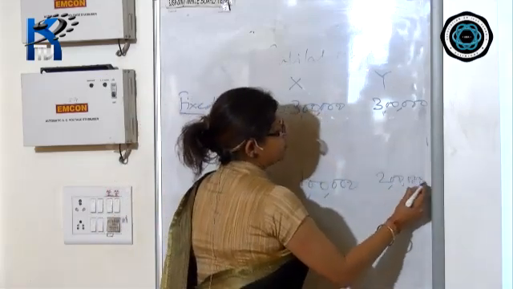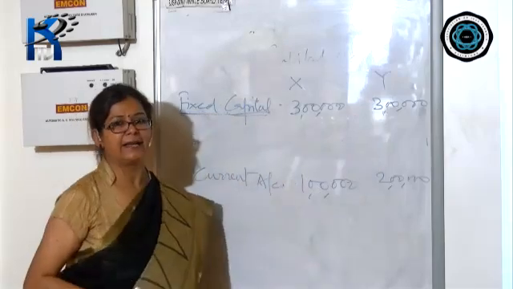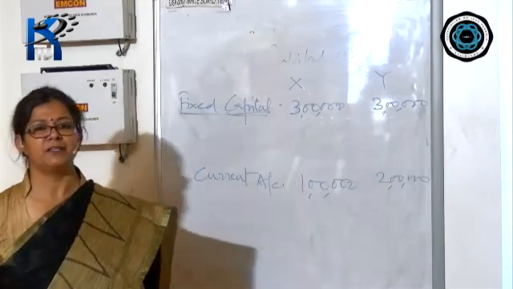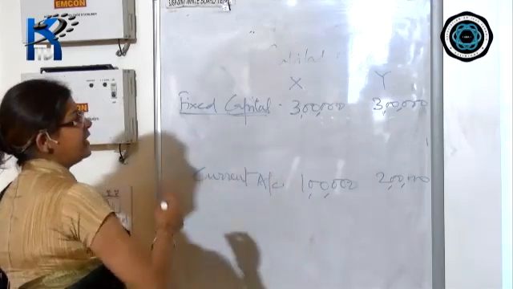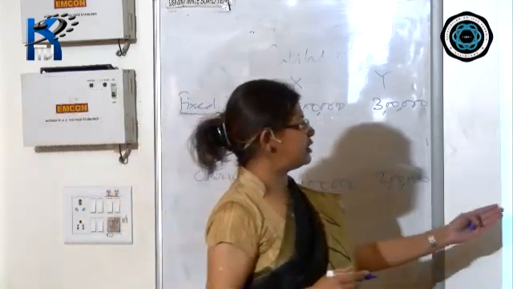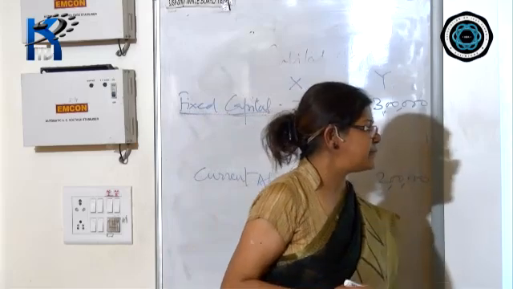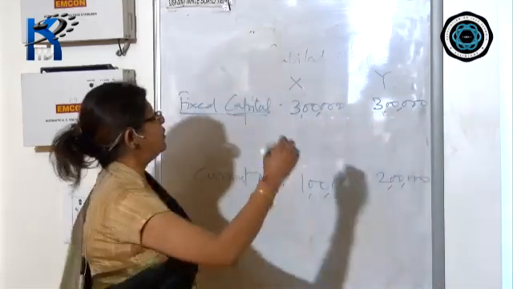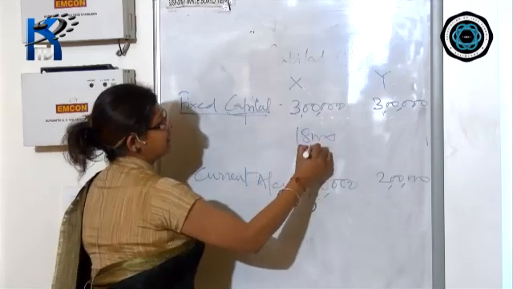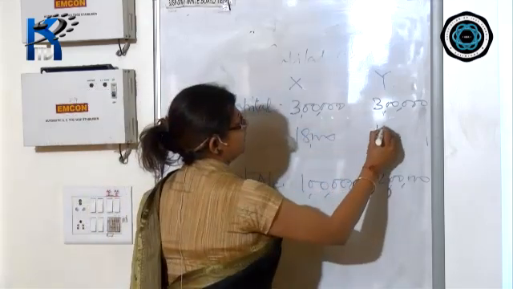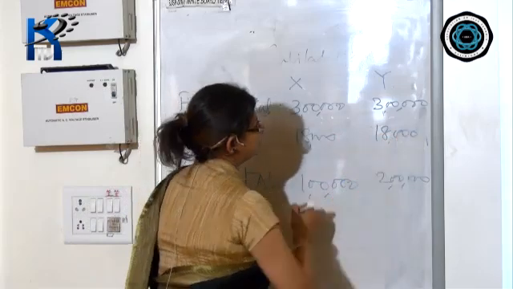Now because all the balances are credit, each and every partner is going to get interest on capital. Now interest is given in the question at the rate of 6% per annum. So 6% of 3 lakh is 18,000. 6% of 3 lakh again is 18,000 here.